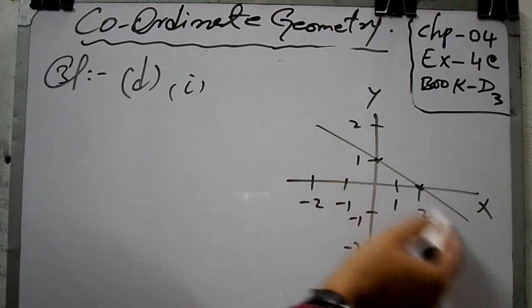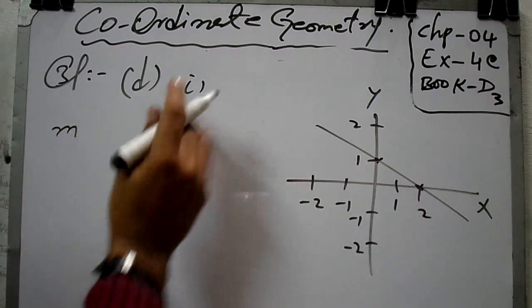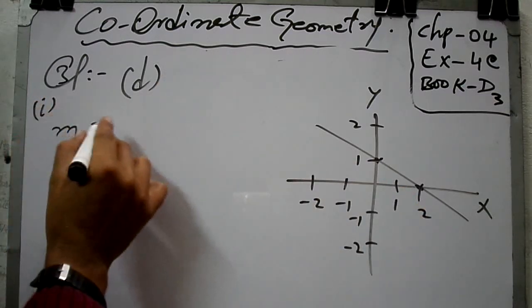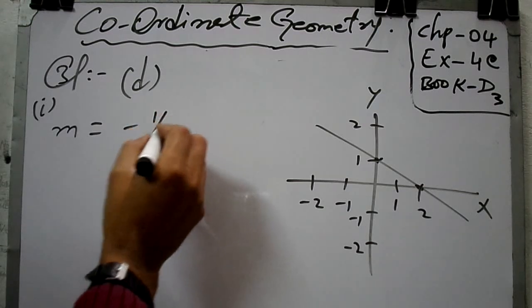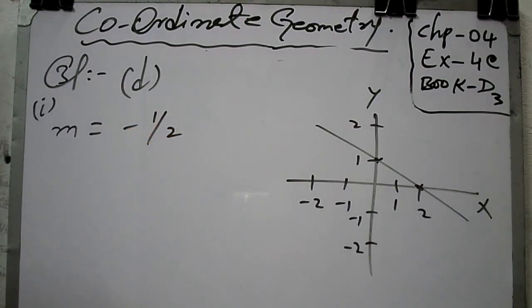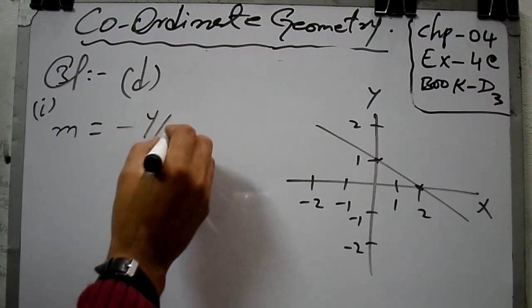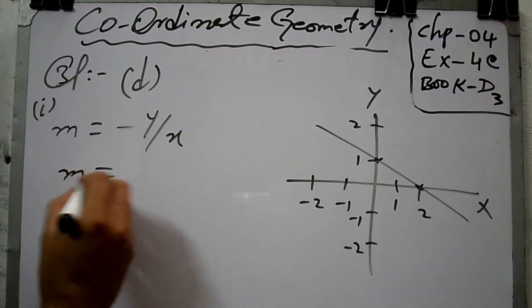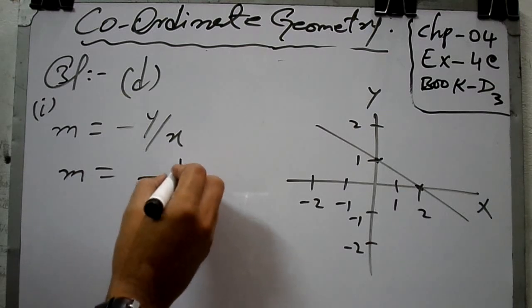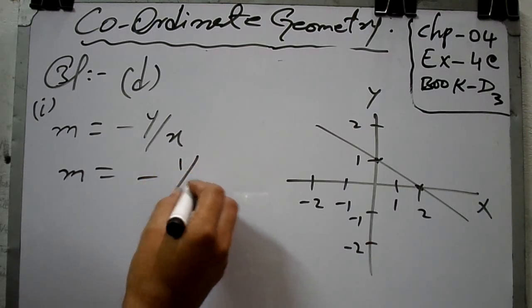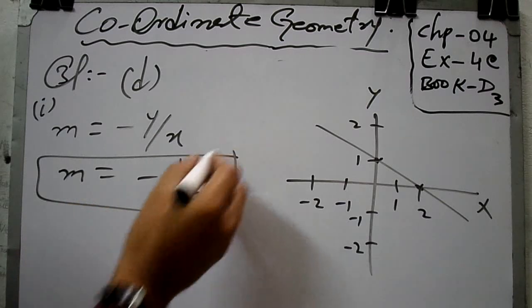So what is the slope of this line? The slope of this line, m, is equal to minus 1 by 2, because the slope formula is minus y by x, putting the values. The value of y is 1, the x value is 2, so slope is minus 1 by 2.